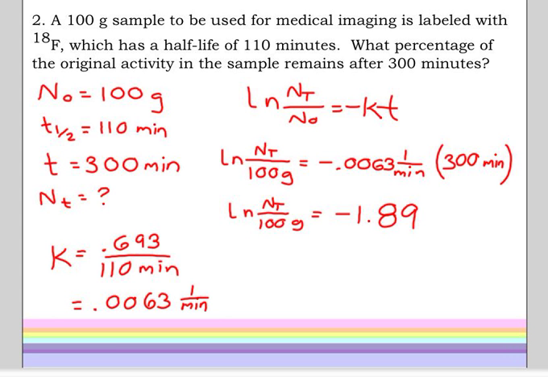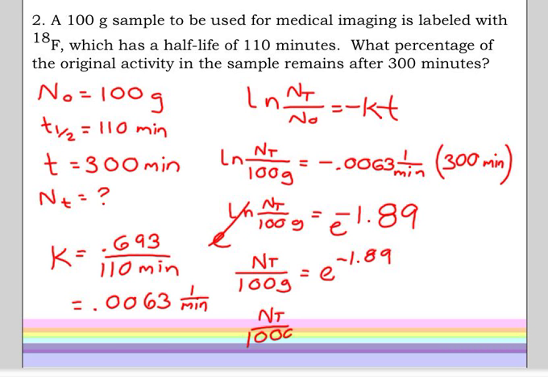That's where the e comes in. We put an e on both sides. The natural log and the e drop. So we have n sub t over 100 grams equals e to the negative 1.89. You do your math, and it equals 0.151. You solve for n sub t, which is 15.1 grams.